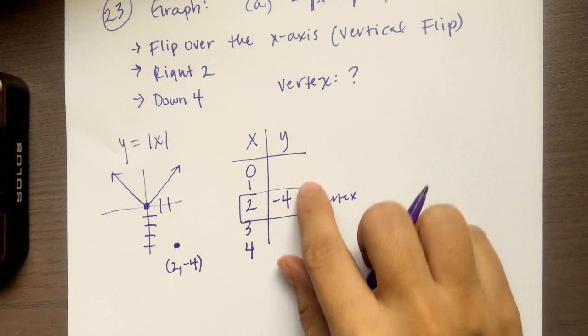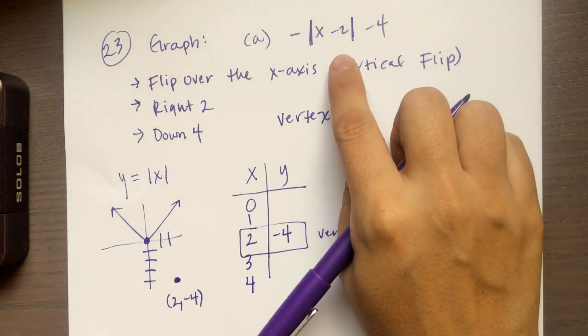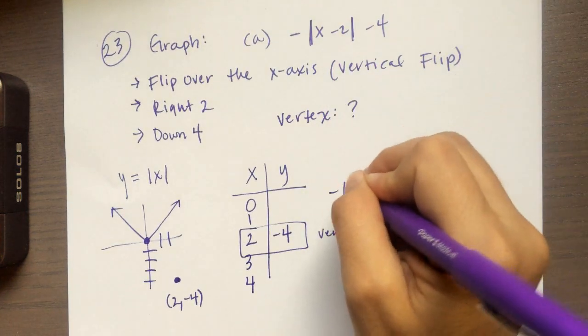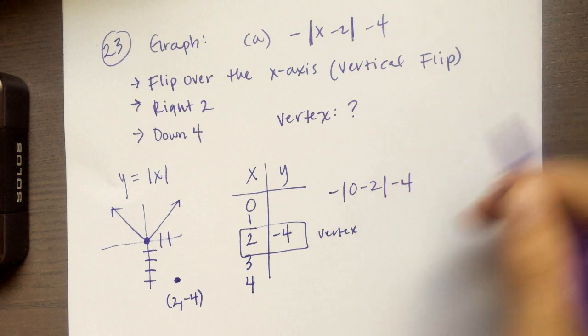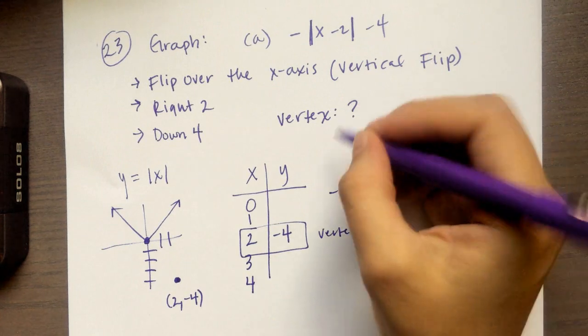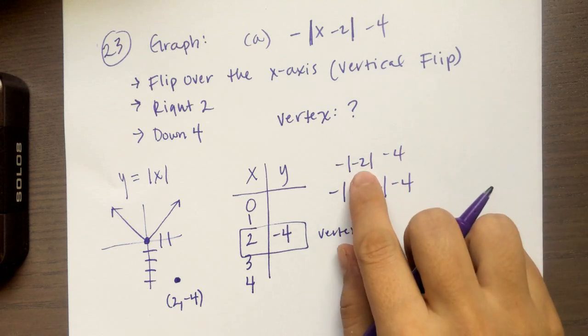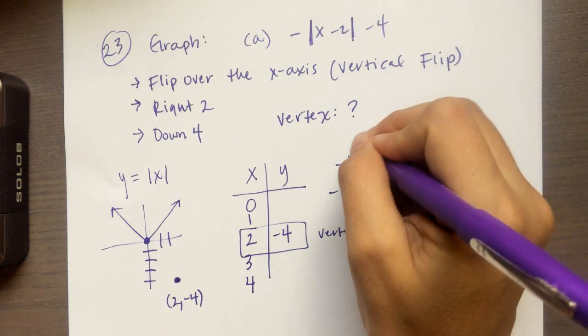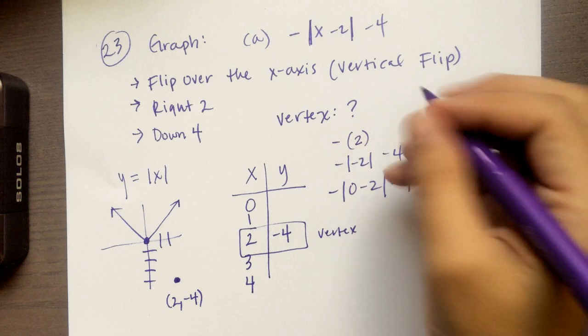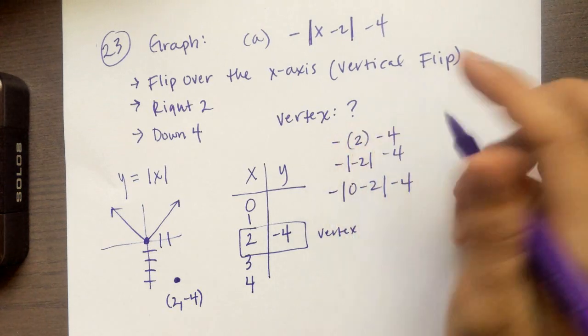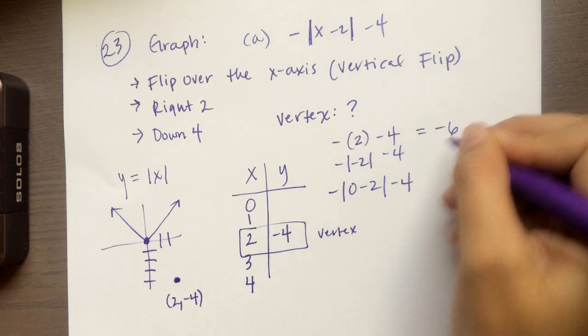Well, how do I figure out my y coordinate? You just plug it into your formula. So you have negative absolute value of 0 minus 2, minus 4. 0 minus 2 is negative 2. The absolute value of negative 2 is 2. We still got that negative chilling. So negative 2 and negative 4 is negative 6.